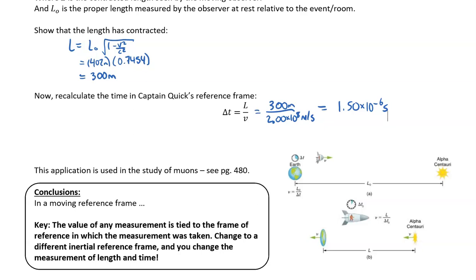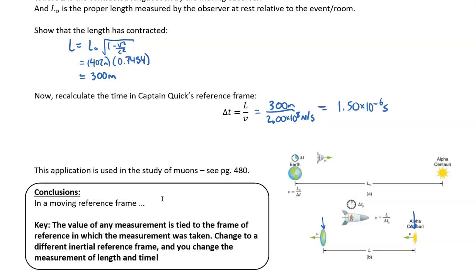Likewise, from the rocket's perspective, if you were the person on the rocket, you wouldn't see the length of that rocket contract at all, but you would see the distance from the Earth to Alpha Centauri actually shrink. And you would see, as you can see from the pictures, that these would physically get shortened in that horizontal direction as well. Mind-blowing stuff. Physically, that's what happens when you do the math.